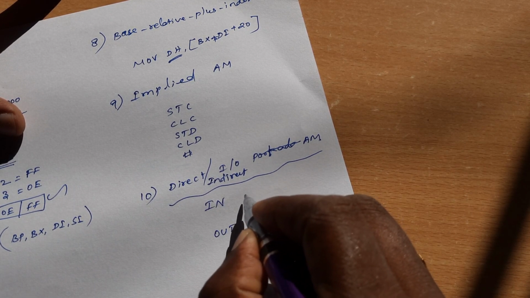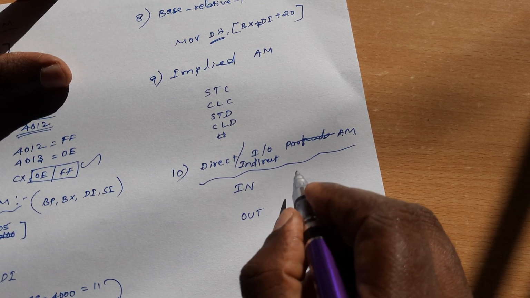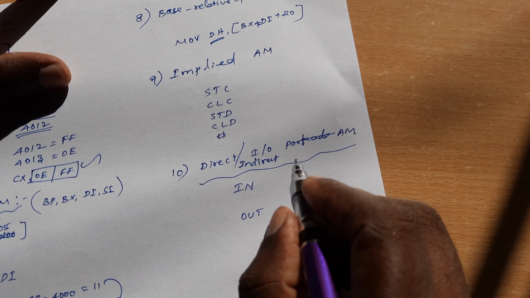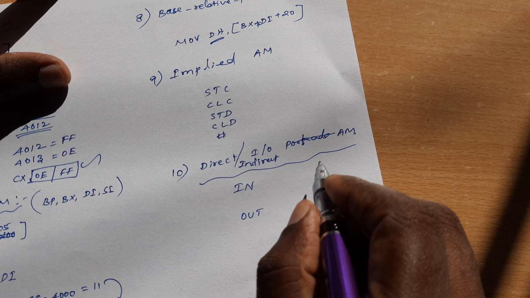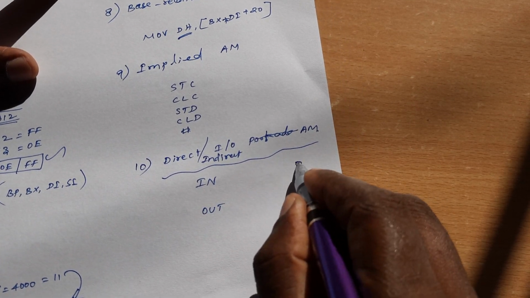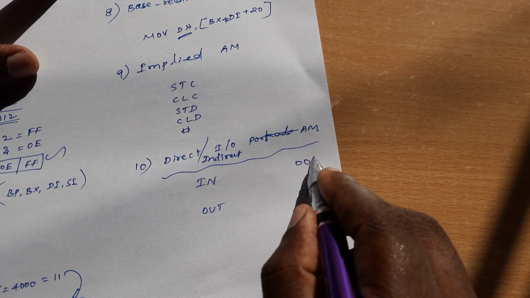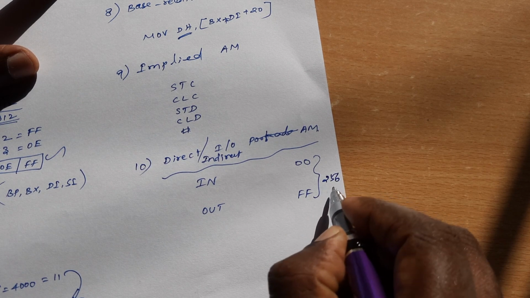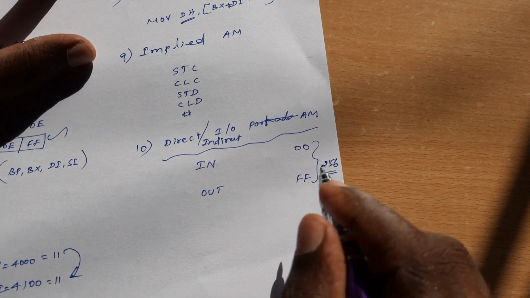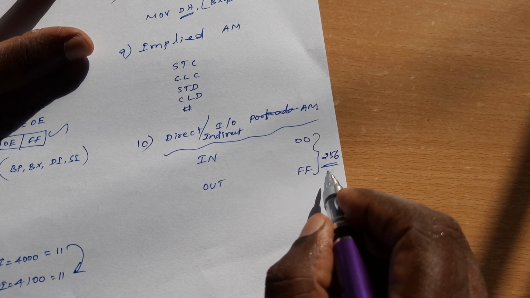In the IN instruction we have either IO mapped IO, or input output mapped input output addressing method, or memory mapped IO. In IO mapped IO, the input output devices can be addressed by only 2-digit hexadecimal 00 to FF, totally 256. So 256 input output devices can be attached with the use of interfaces, whether it is serial or parallel devices.